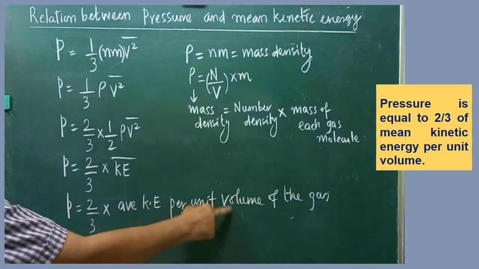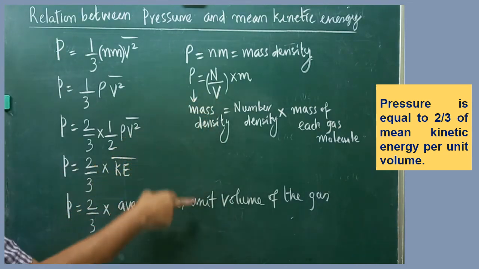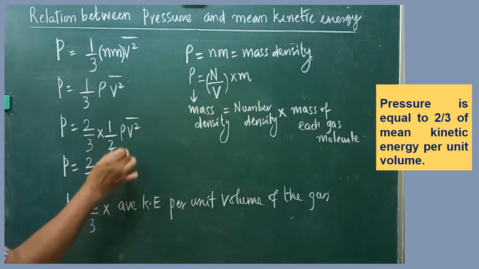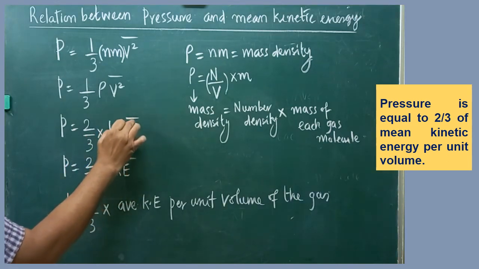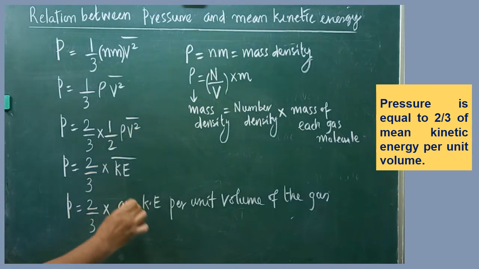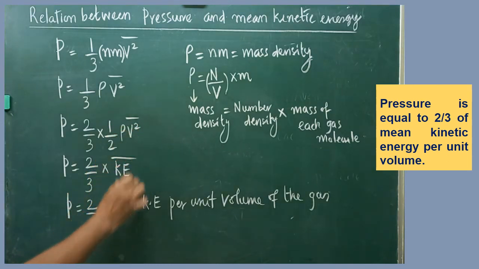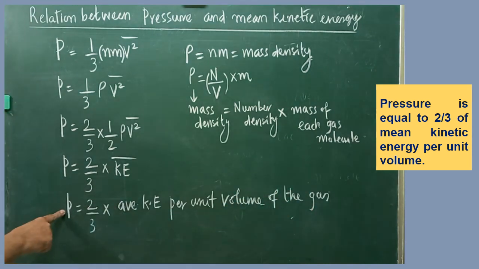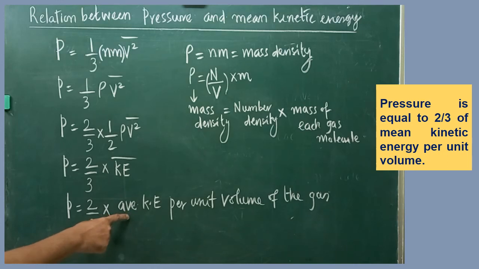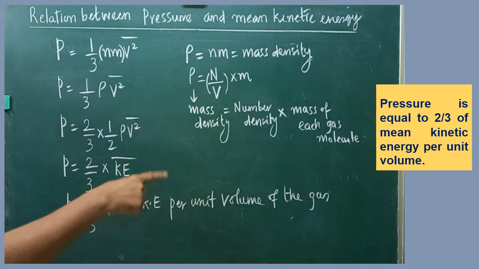Here indirectly volume is there, within the expression. Kinetic energy is measured in terms of half mv square, and v square bar indirectly tells the average value. So KE bar is expanded and written here. So pressure is measured in terms of which one? The average kinetic energy per unit volume of the gas.